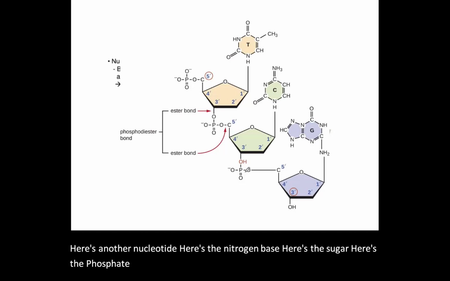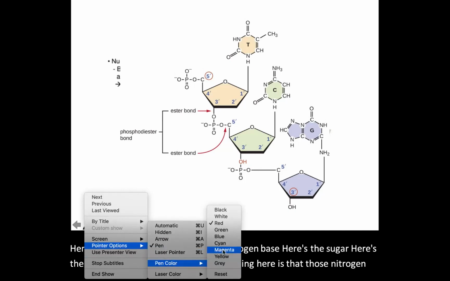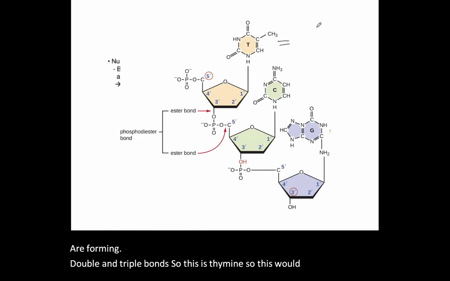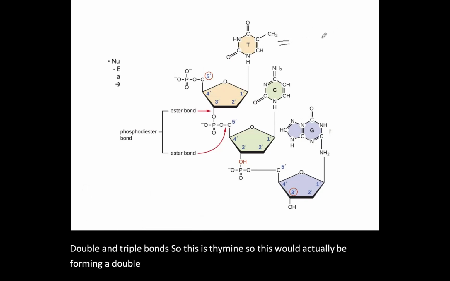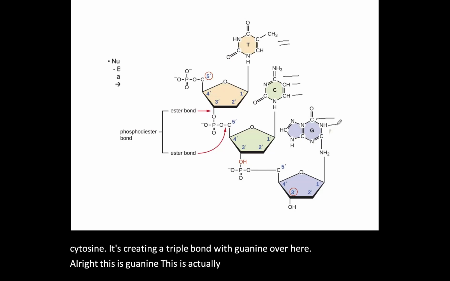What you're not seeing here is that those nitrogen bases are actually forming double and triple bonds. So this is thymine, forming a double bond with an adenine nucleotide over here. This is cytosine, creating a triple bond with guanine over here. And this is guanine, producing a triple bond with cytosine over here.